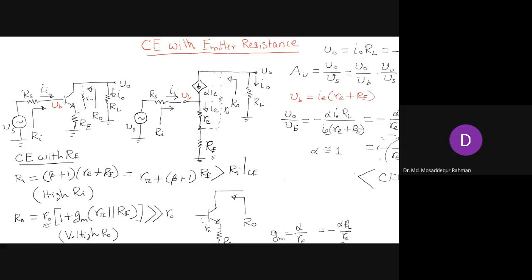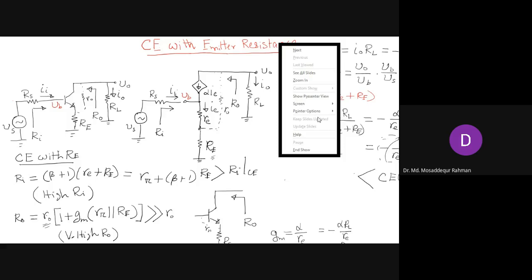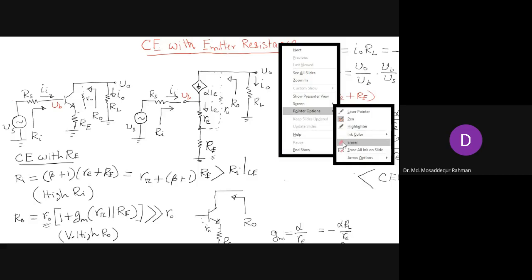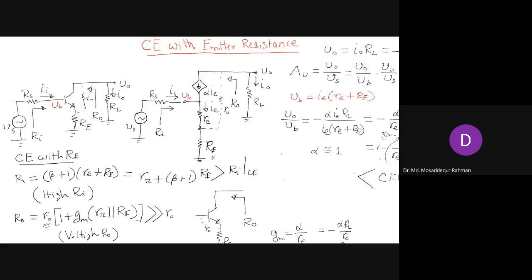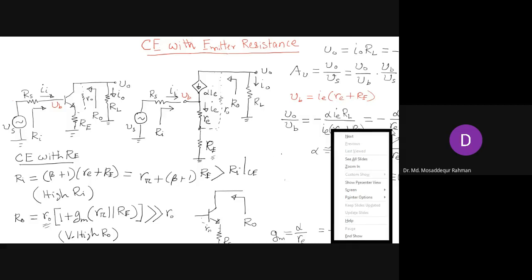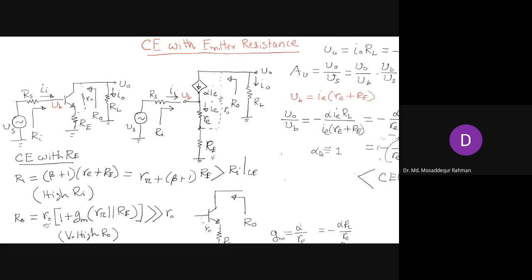From this line V0 by VB, minus this you can see, and this part you cannot see. Oh my gosh. Why is it not showing? It's supposed to show. Sir, can you zoom out the screen a little bit? The screen is already fully zoomed.